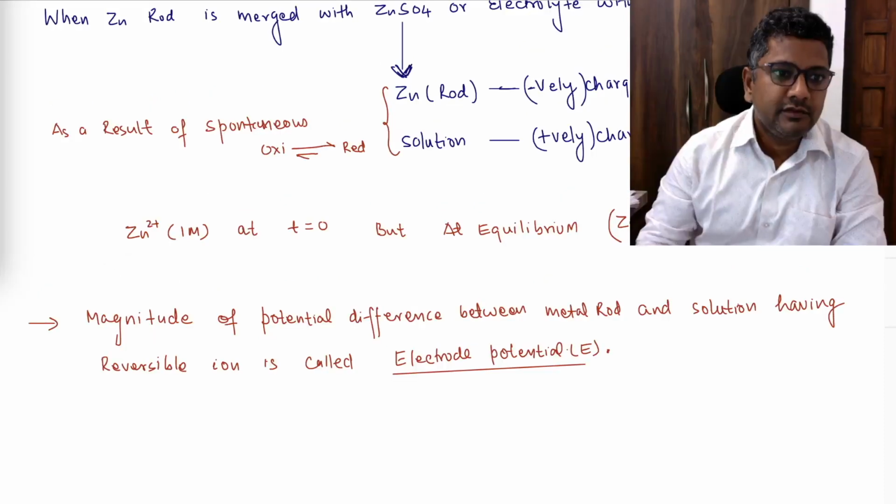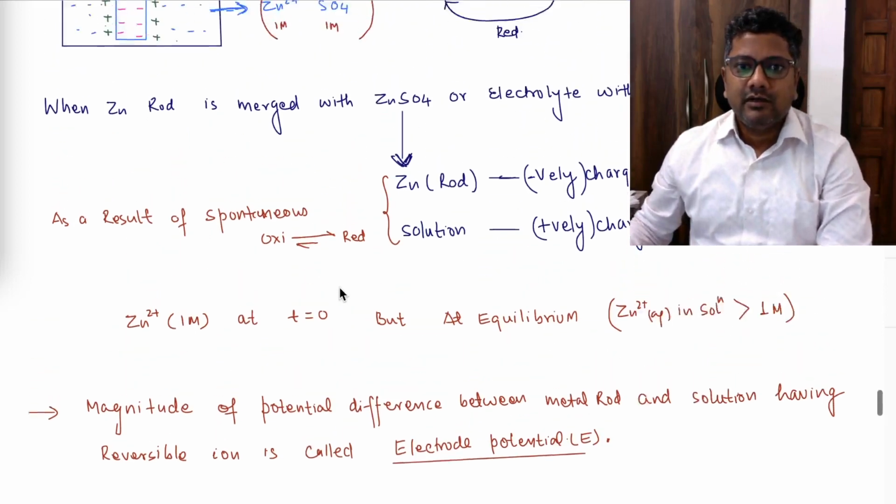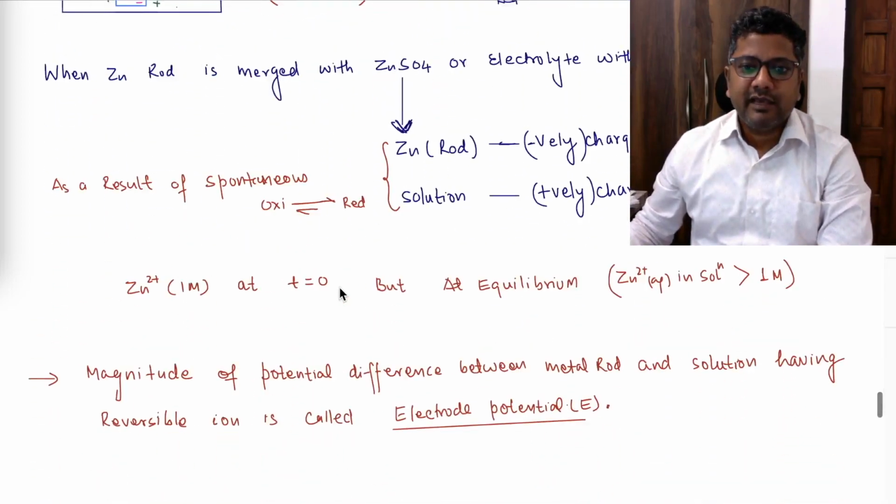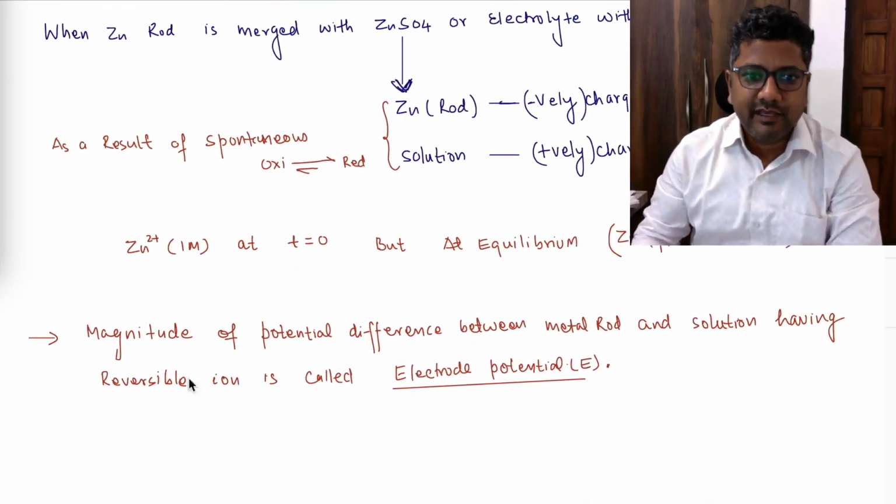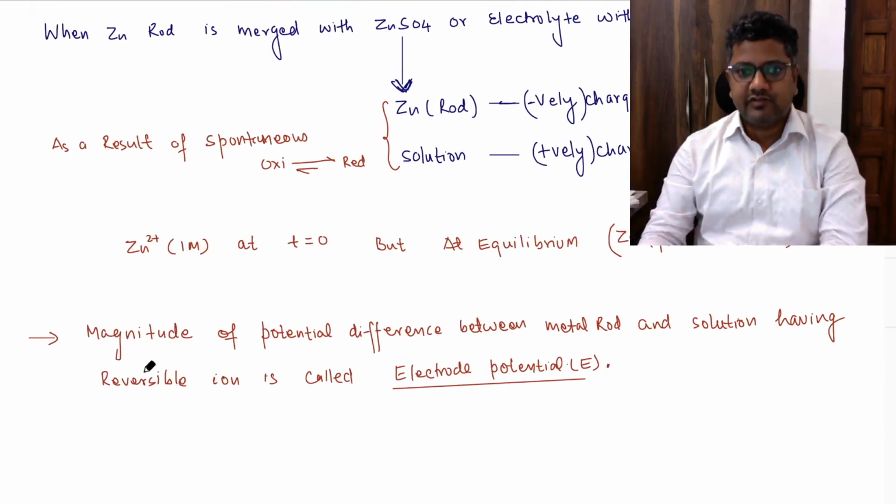Right? See, now the next question arises: this magnitude of electrode potential depends on what factors?